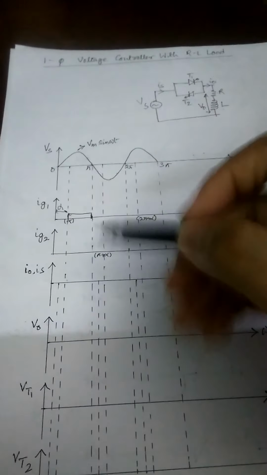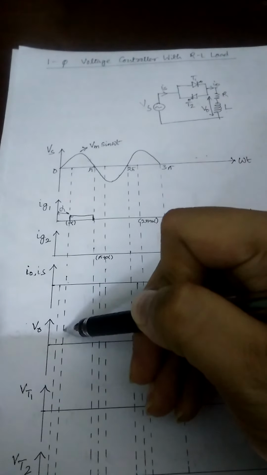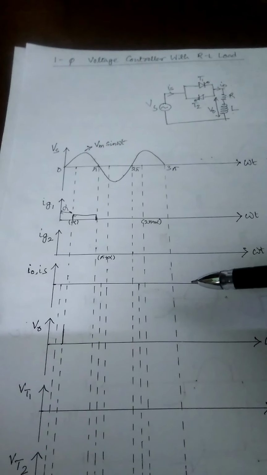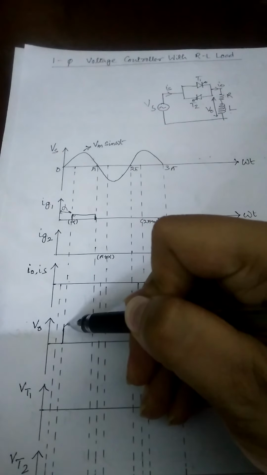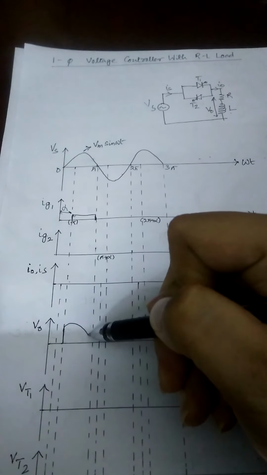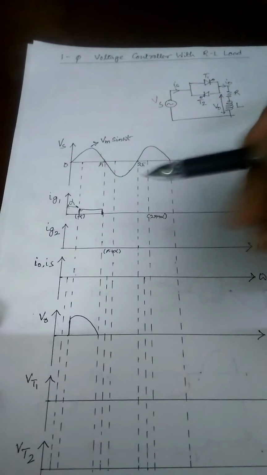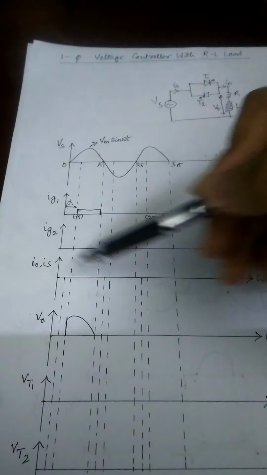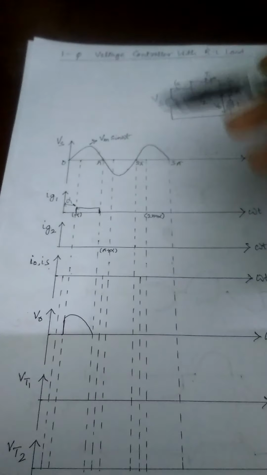At the alpha point the supply voltage is applied to the load circuit, so the supply voltage nature is like that. That is V0. For this V0, the supply current flows through the load, that means we get a waveform of I0 and Is here.